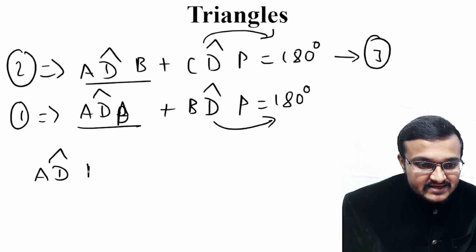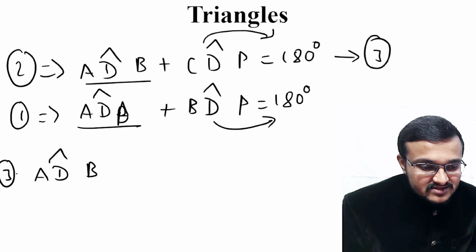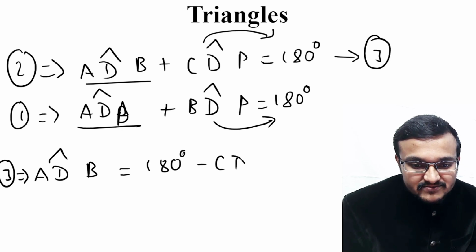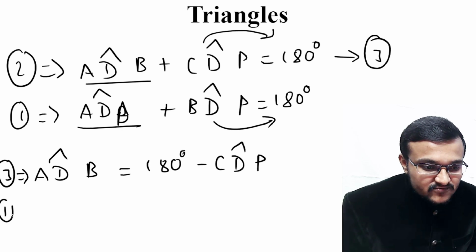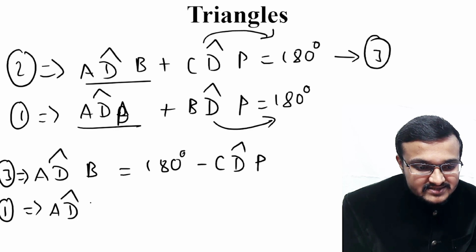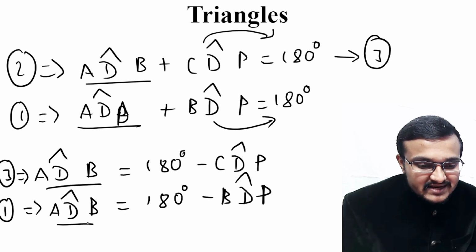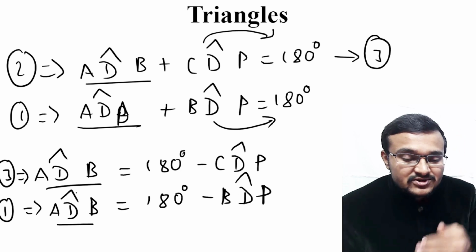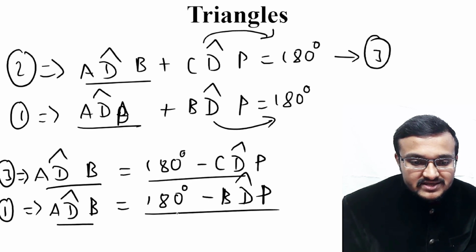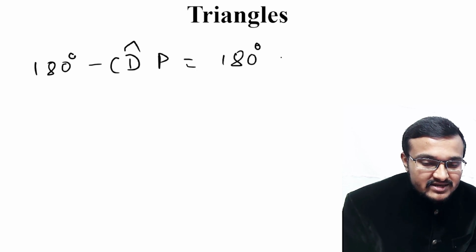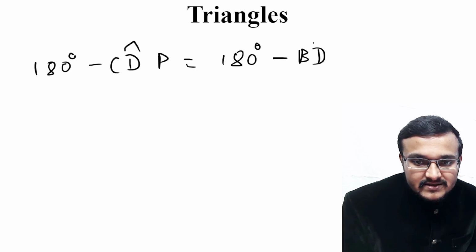So equation 3 becomes ADB is equal to 180 degrees minus CDP, and equation 1 becomes ADB is equal to 180 degrees minus BDP. Here you can see the same element ADB is on the LHS, so the RHS should be equal to each other. So 180 degrees minus CDP is equal to 180 degrees minus BDP.